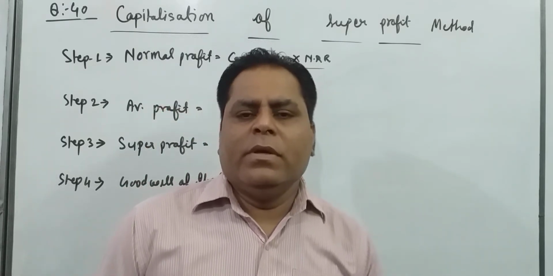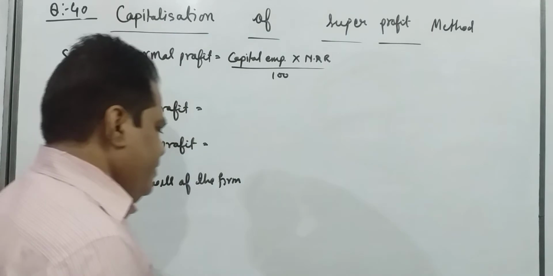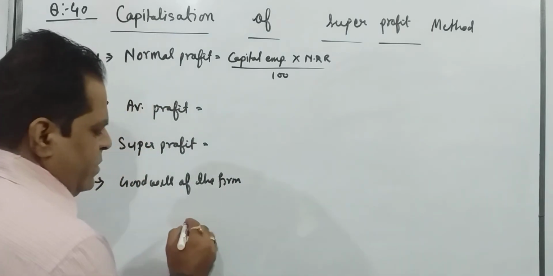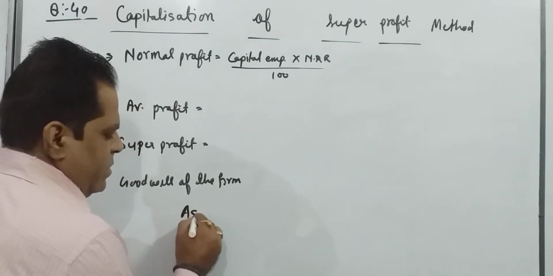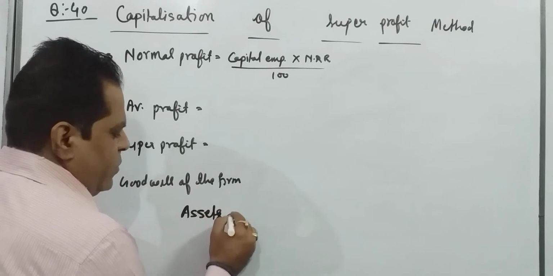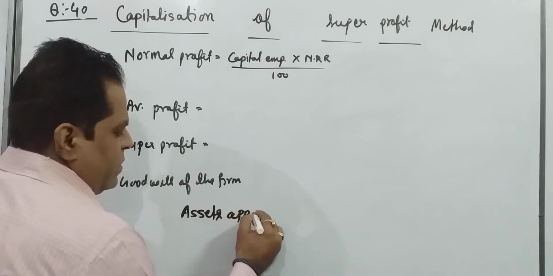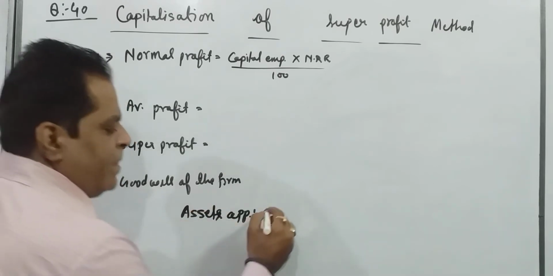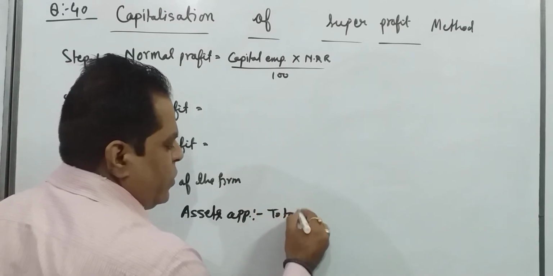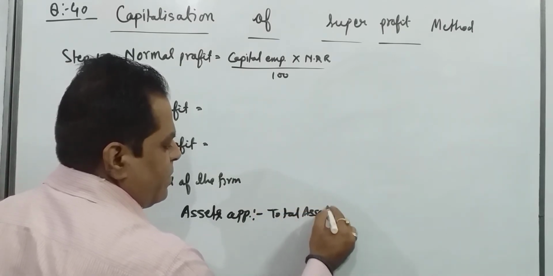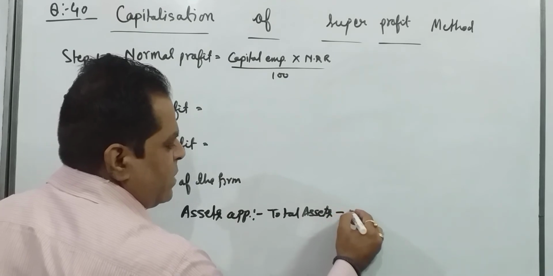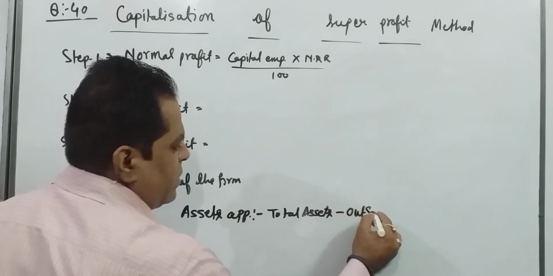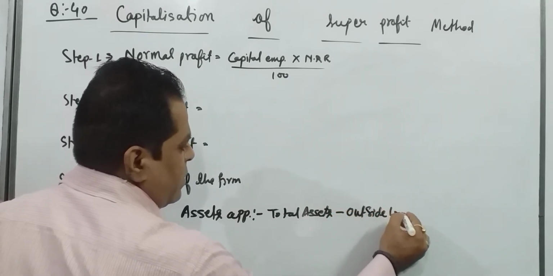In the assets approach, the formula is total assets minus outside liabilities.